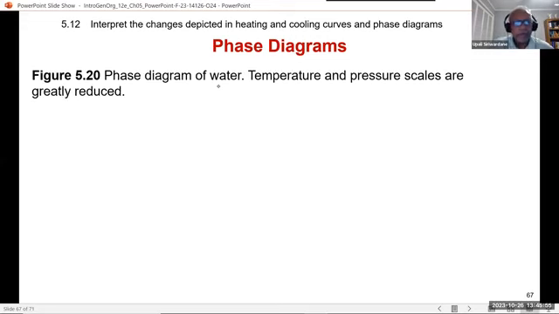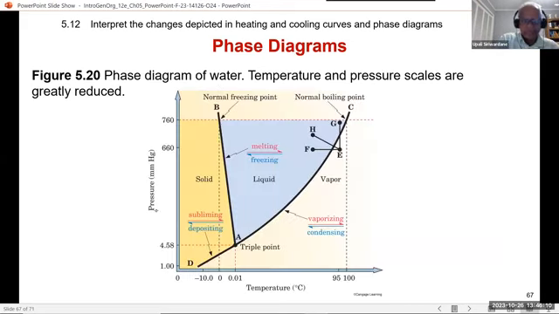If you look at the phase diagram of water, the y-axis is pressure, in millimeters of mercury, and the x-axis is temperature, where the scales are greatly reduced and squeezed. A phase diagram has pressure and temperature.